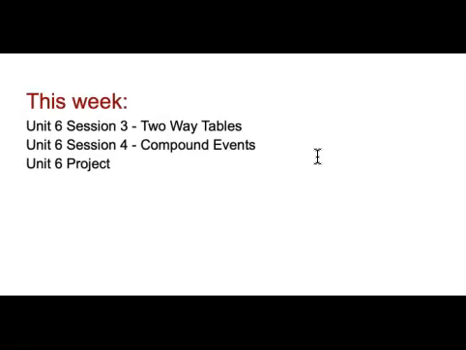Then we're going to move on to Session 4 and learn what a compound event is and how to find probability of compound events. And then we're going to get started on a project where you are going to a fair and going to find the probability of some different games at the event.